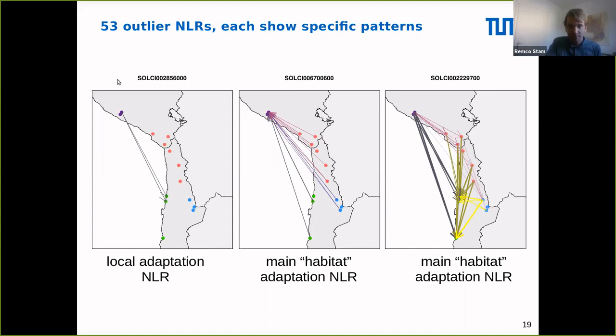Remember, the species started in the north, migrated south, and when you migrate south, you encounter a new biotic environment and then a new stress environment and new pathogens. And we think that these main habitat adaptation NLRs that we pick up all over, these are the essential ones that really help the plant species cope with the new stresses that they encounter.